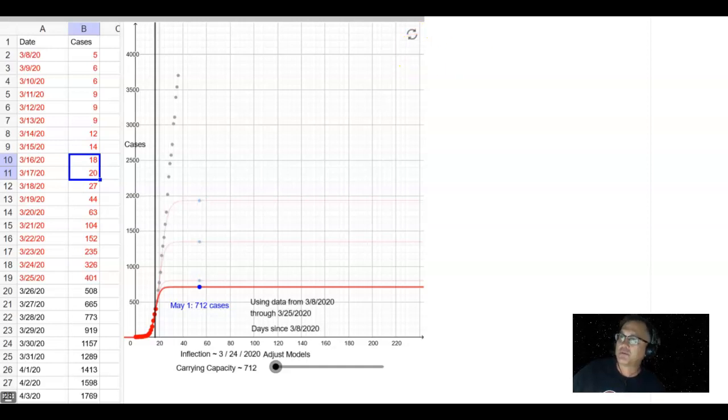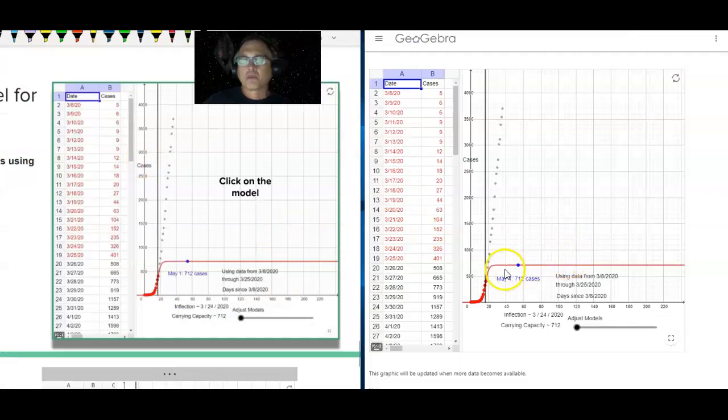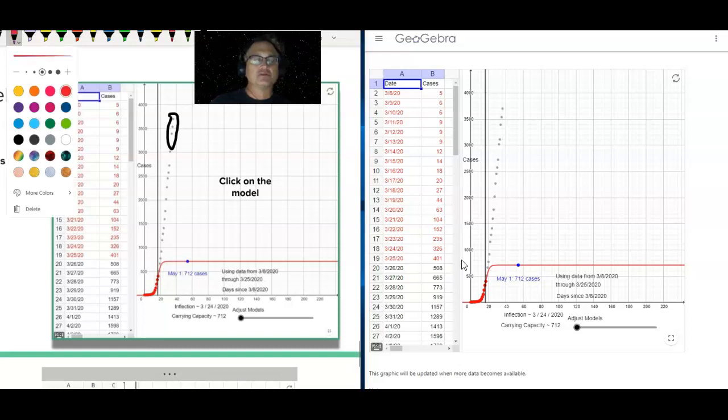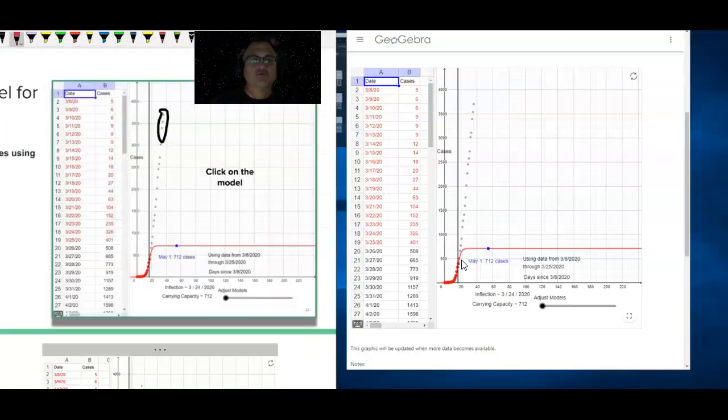Now I'm going to open up a window where it's a little bit more responsive. Just a moment. So here's our model once you've opened it. What you're looking at here is that these gray points represent the actual data points from the table over on the left.